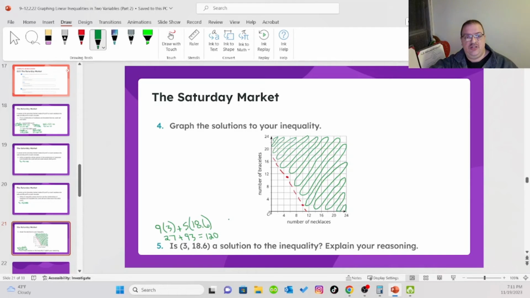But logically, in context, it would not be a solution because you cannot sell 0.6 bracelets. You have to sell whole number bracelets.